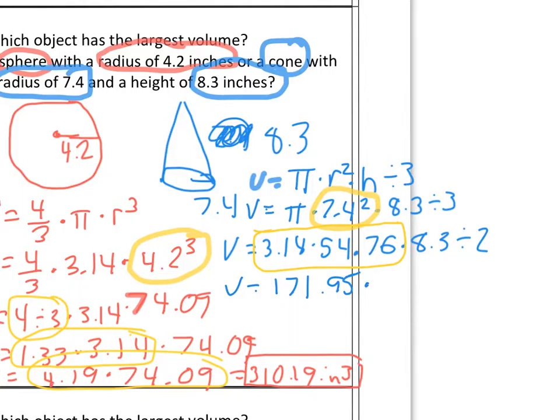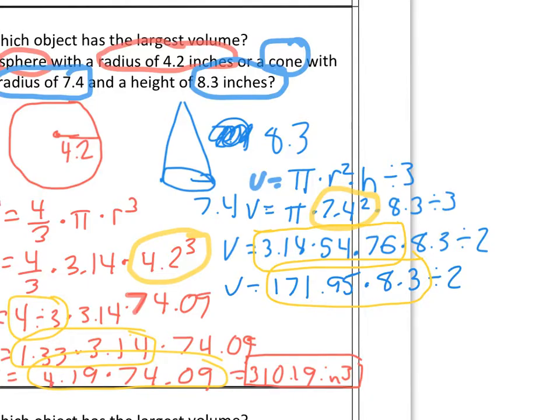Multiply, bring down your 8.3. And also bring down divide 2. Okay, here we go. So we got 171.95 multiply 8.3. So again, it looks long, but just use a calculator on this. Okay, clear out the calculator. Type this in.